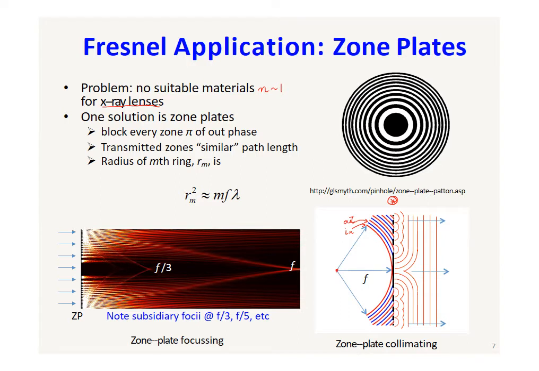You can see that the design of this zone plate, which is a series of apertures, has been made so that at every opening the light is exactly in phase. So all of our secondary wavelets in the plane of this aperture are in phase. And when we have a whole bunch of wavelets in a plane that are in phase, then of course they add to give us plane waves.